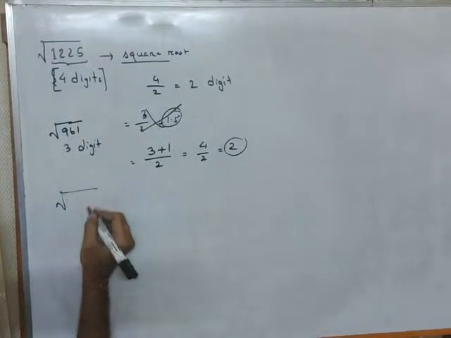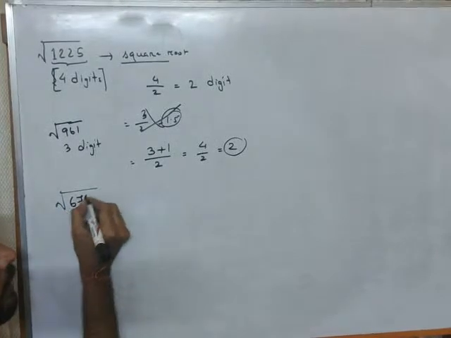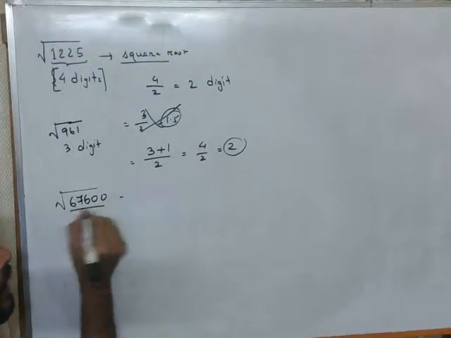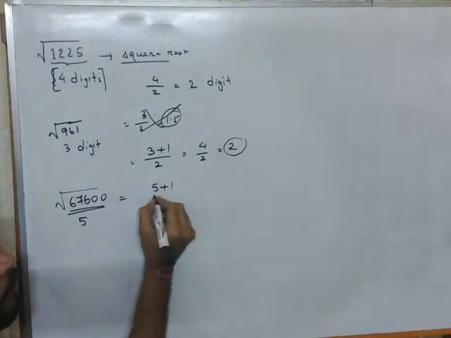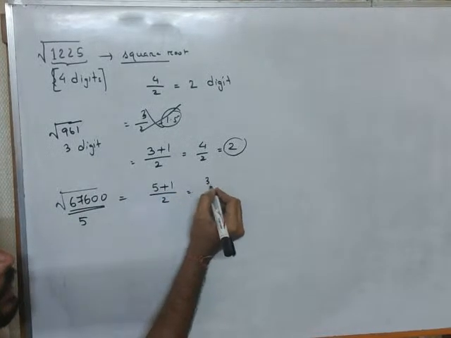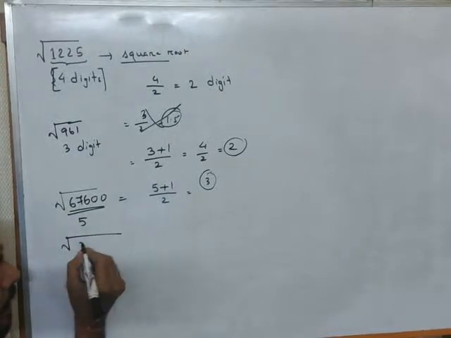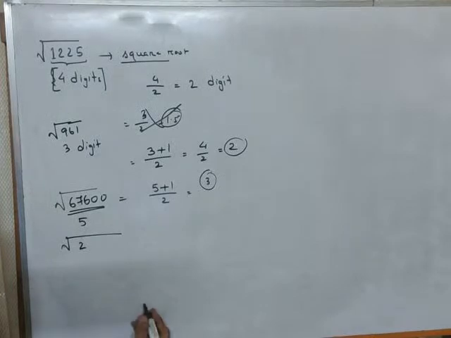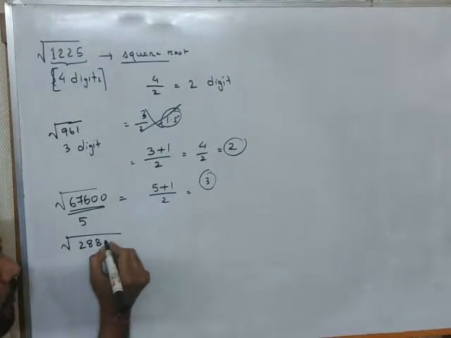Similarly, the next example is 67600. How many digits are there? 5. So the number of digits in the square root will be 5 plus 1 divided by 2. That is 3 digits you will get. Clear now everyone? In the next example we have 288369.